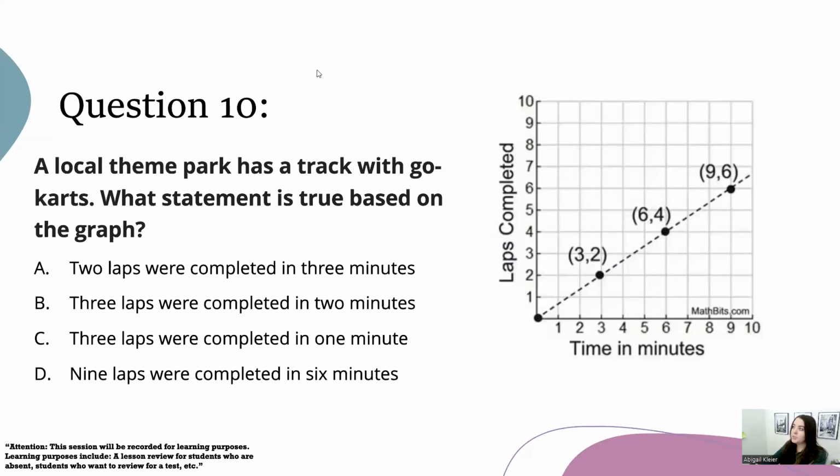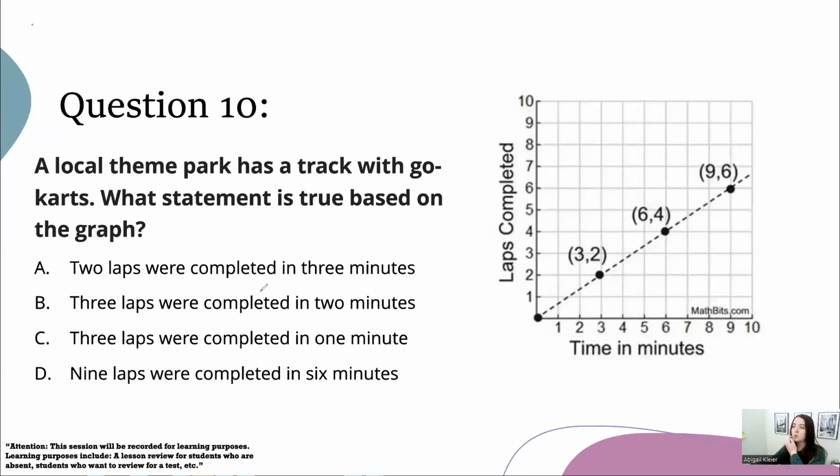And finally, question 10. Question 10 is asking us to analyze the data that is in the graph. A local theme park has a track with go-karts. What statement is true based on the graph? So just like we talked about previously, I want to get context as to what this graph is about. So I'm going to look at my x-axis and my y-axis.